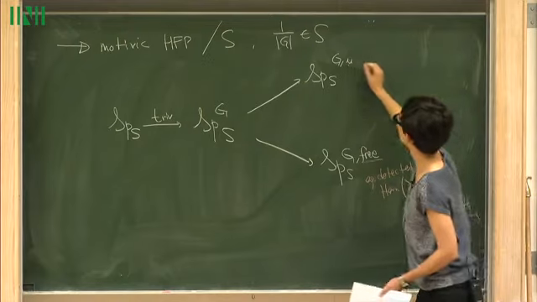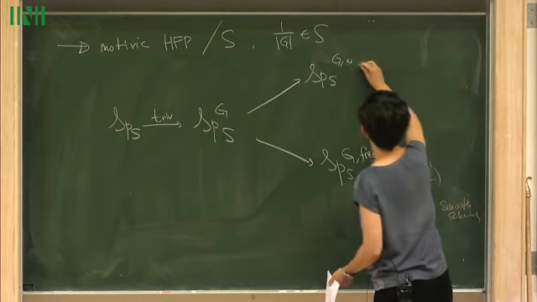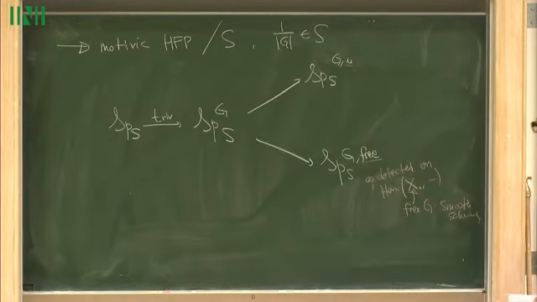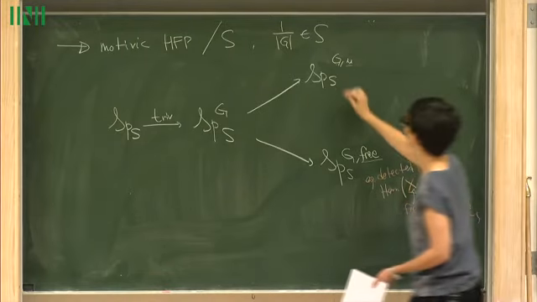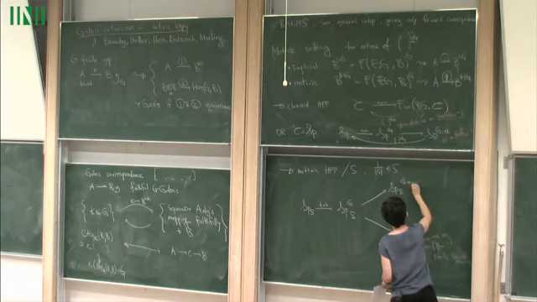Whereas here, the equivalences are going to be detected just on G plus again, right?